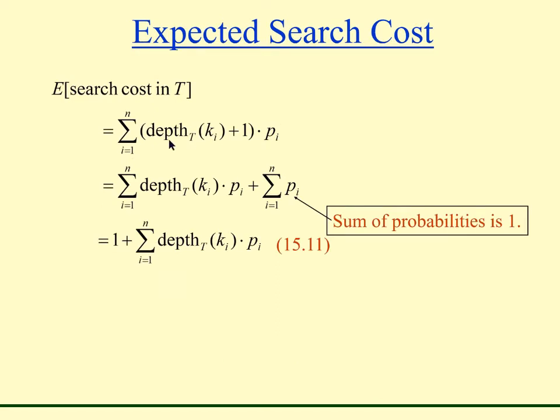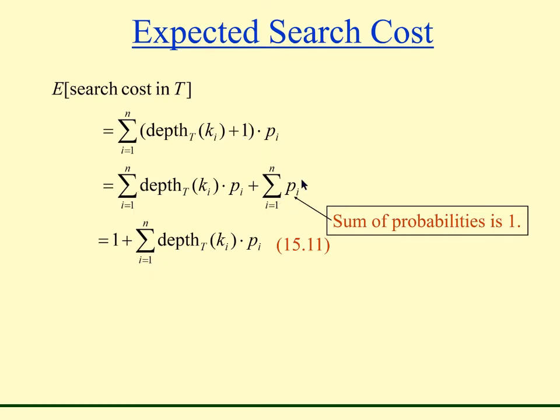So it's 1 plus the depth of ki in that binary search tree T. Okay, so we can expand this one. This is depth of ki plus 1 and then multiplied by pi. So it's depth of ki times pi plus pi.